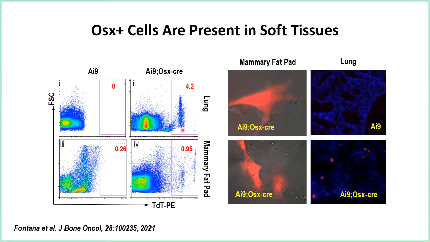There are Osterix positive cells, and you can see them also in these expanded cultures of cells isolated from the two tissues, only from mammary fat pad. So the number of these cells is very small.